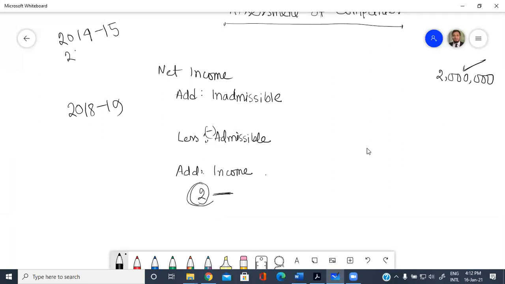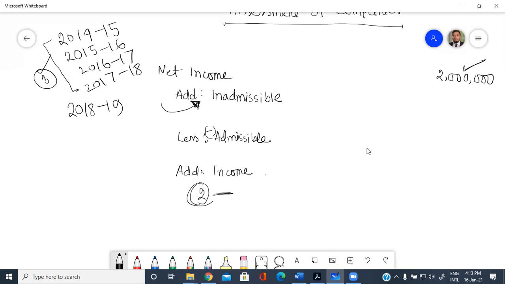How many years have elapsed? Three. More than 3? Yes, sir. Okay. So as far as I can recall, if 3 years have already elapsed after charging this interest, but you have not actually paid it, in that case you need to add it back.